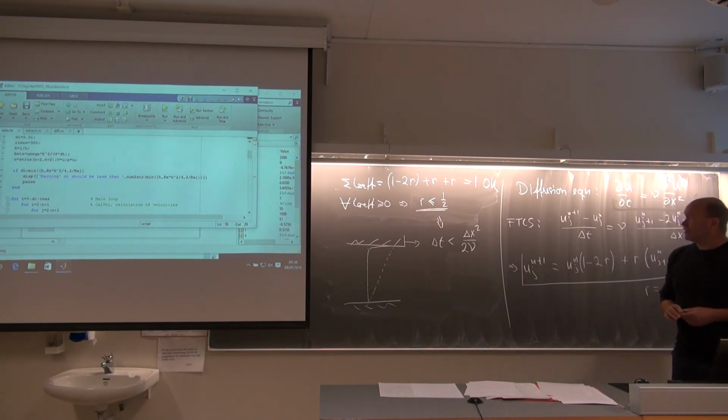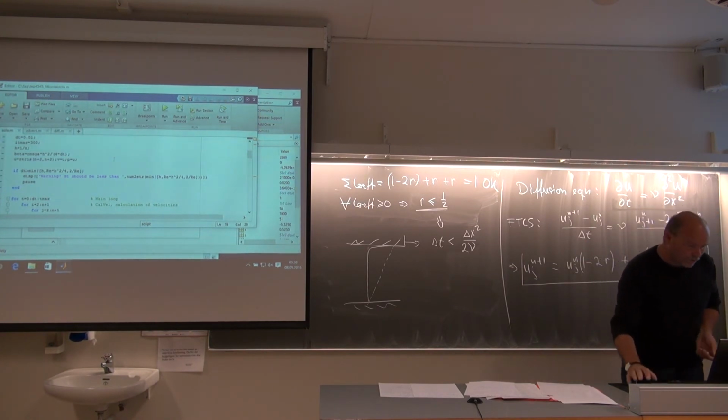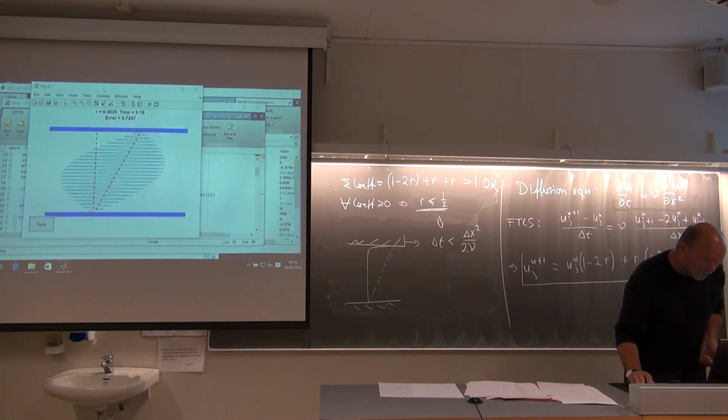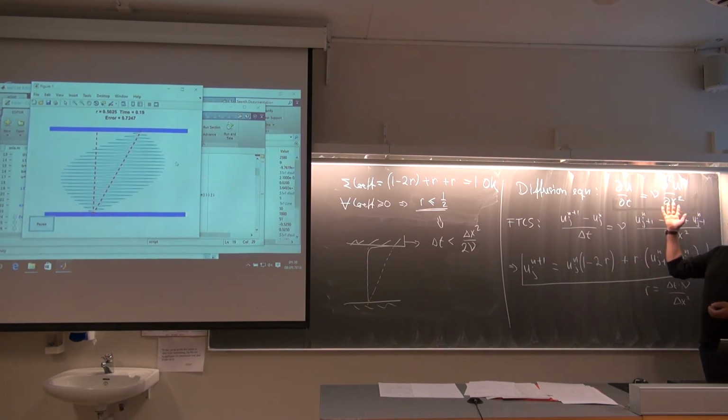And physically, what does this criterion actually mean? Well, it's something to do with the total amount of diffusion in your problem. And the diffusion term, you will actually have, due to this scheme, some additional terms in front of this double derivative, which will be negative.